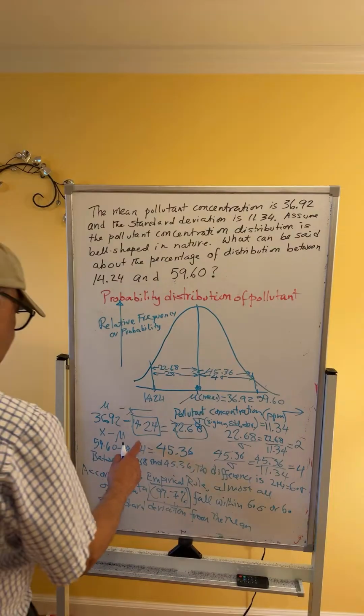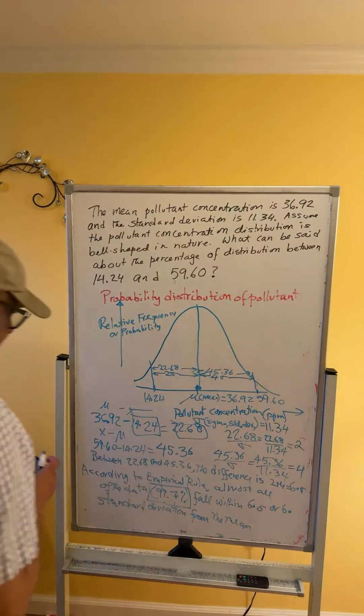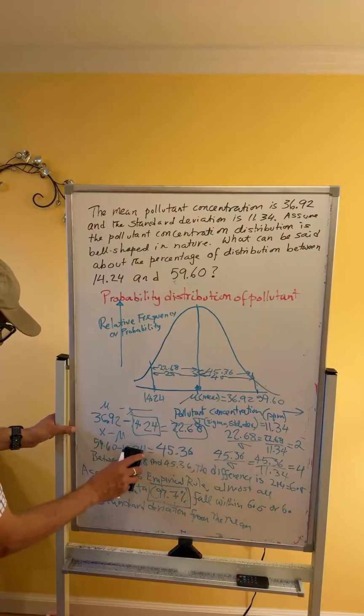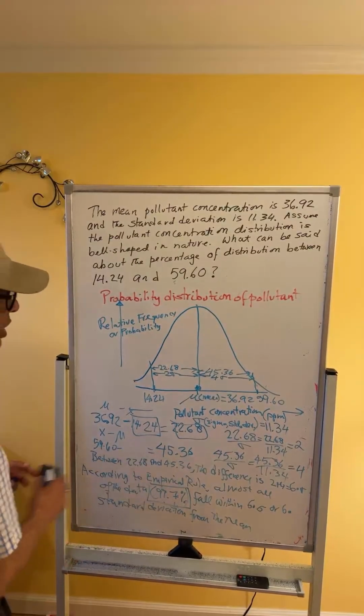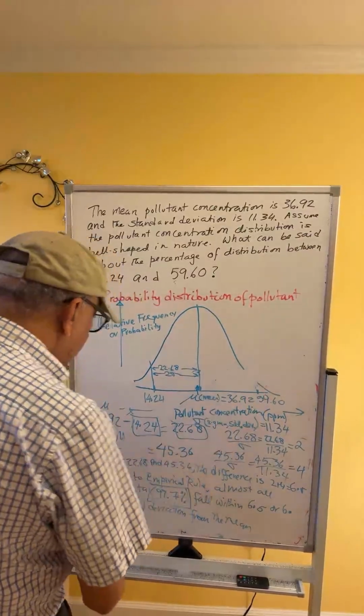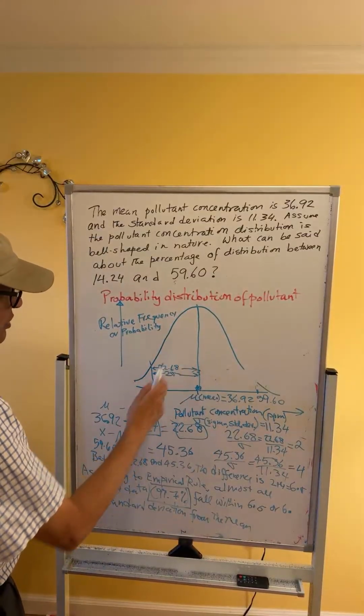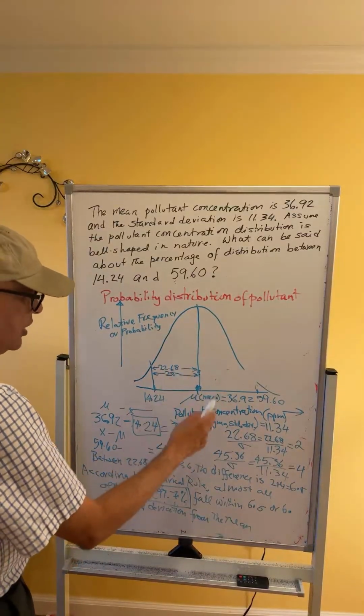I made a mistake here. X minus mu, that's what I was thinking. I have to draw this correctly. This value is located 22.68 from the mean. How did I get it?